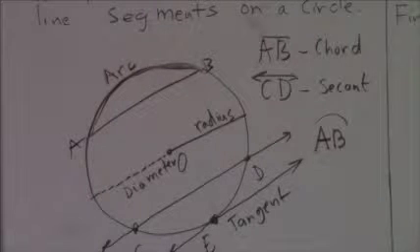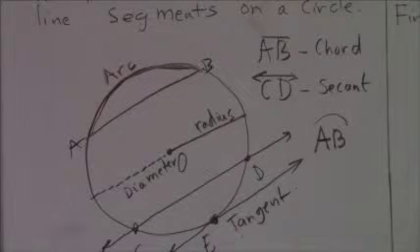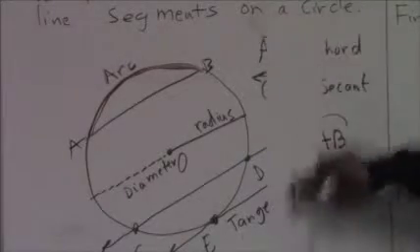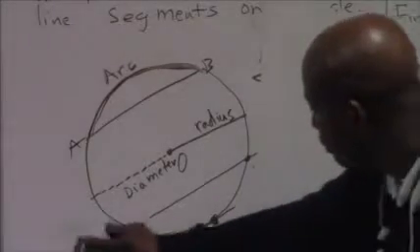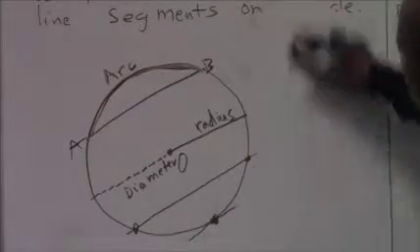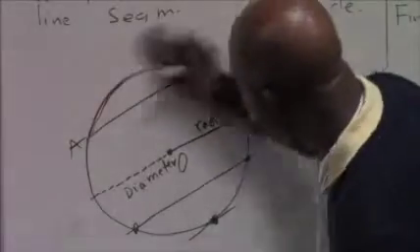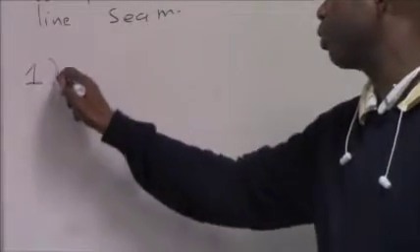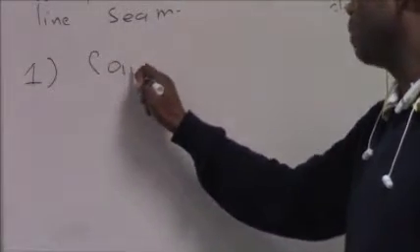Now there are several rules we have to know to be able to work with circles. So I'm going to go over some of those basic rules. The first rule has to do with congruent chords and arcs. So I'm going to erase this. I'm going to keep my circle here, but I just want to erase some of these basic things.